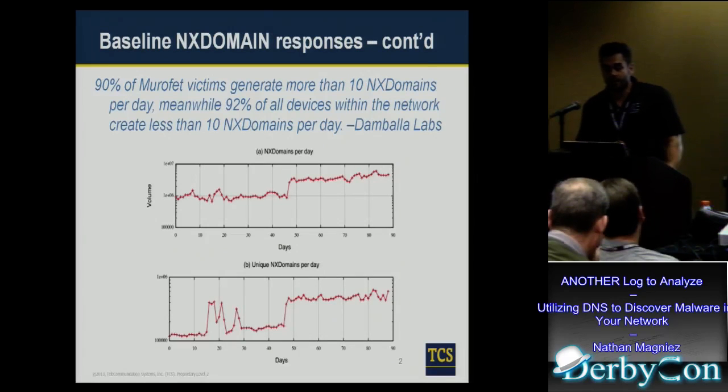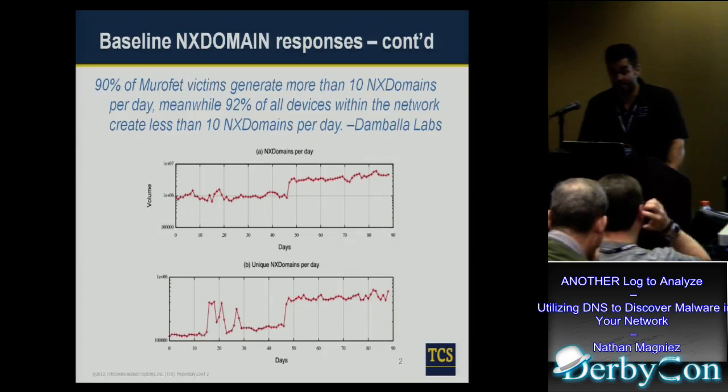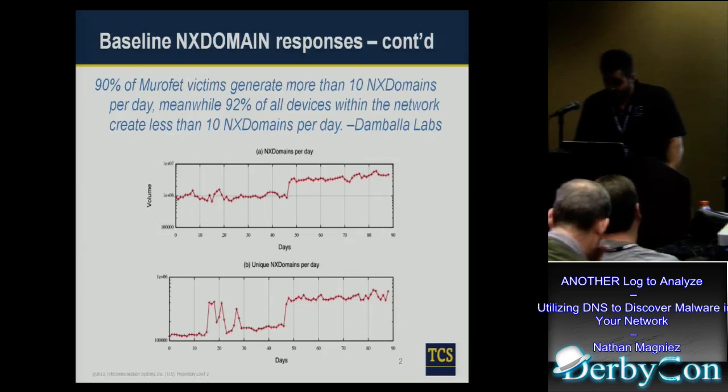More about establishing a baseline for NX domains. This is from Damballa. When I was doing the research for this talk, I found they did a lot of research into using DGA to identify malware as well. I took this quote from them. They said 90% of Murofet victims generate more than 10 NX domains per day.